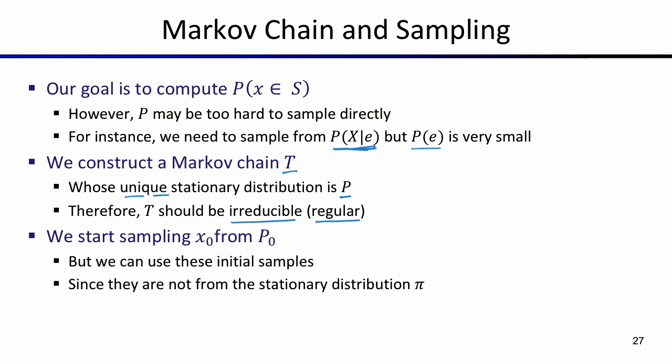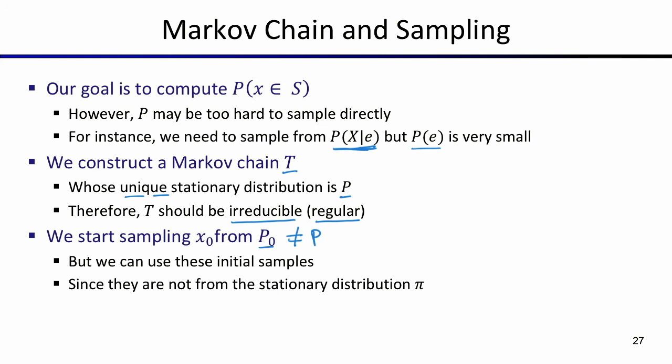So we start sampling from a different distribution that we call P0 that is different from P, right? I don't care about this. So for instance, we can start by assigning random values to the variables. That's not going to be the true distribution, but we're going to start to iterate that.